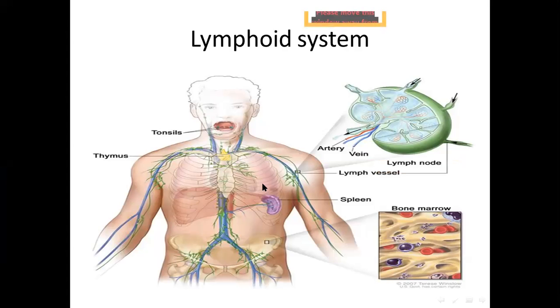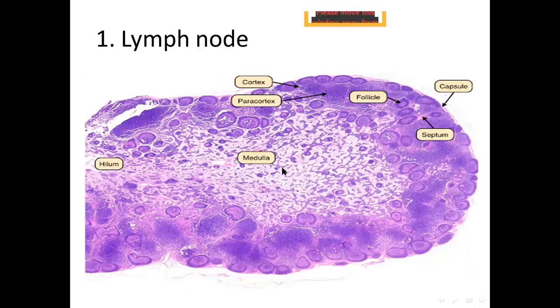spleen, lymph nodes, tonsils, and thymus, are surrounded by a connective tissue capsule, while other components, like the diffuse lymphatic system, are not encapsulated. Also, the lymphoid system can be divided into two categories, primary and secondary.